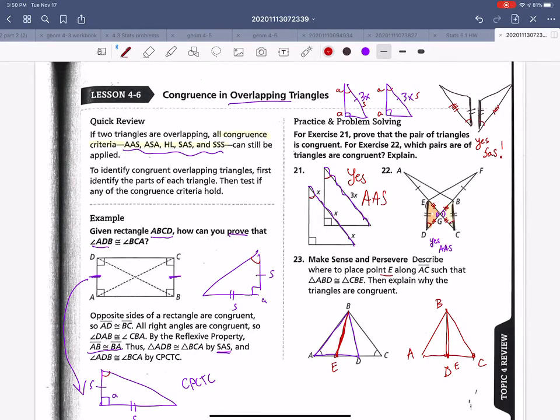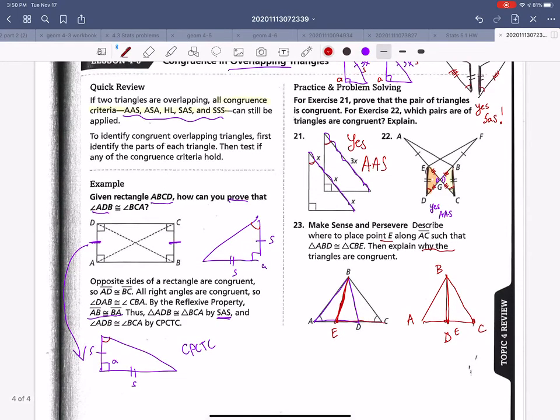And so then explain why those would be congruent. Okay, so I'd have to place E there, and my reasoning is this triangle, ABD, would be congruent to the red triangle, BCE. And I know that angle A and C match. I actually know this length, ED, is ED, and so I would need these to match.